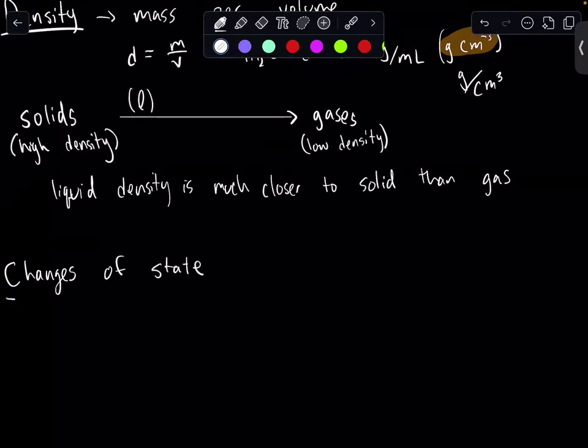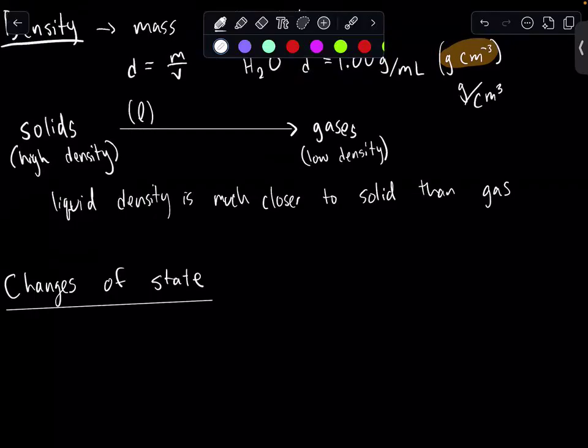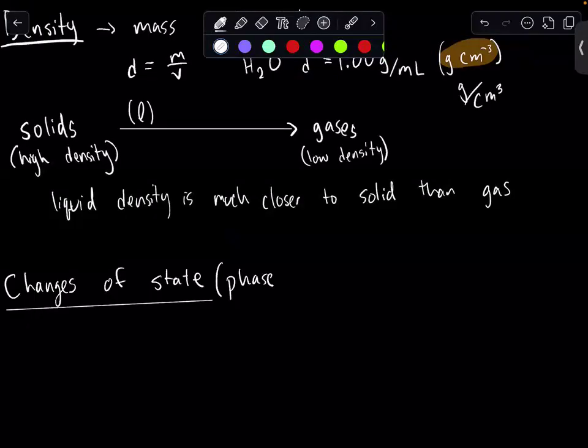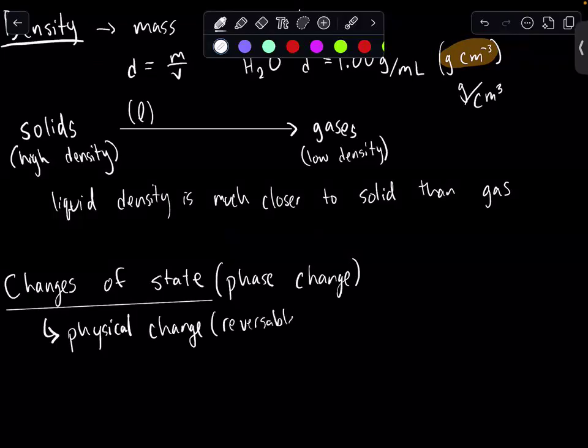All right. Now, the last part of this section is we're going to be talking about changes of state. So what does it mean to change state? Well, you generally know going from solid to liquid, liquid to gas, or whatever. We also call this a phase change. This is referred to as a physical change. Something about that means it's also reversible. You generally know this because you can take ice, melt it to a liquid, and then turn it back into a solid by sticking it in your freezer.